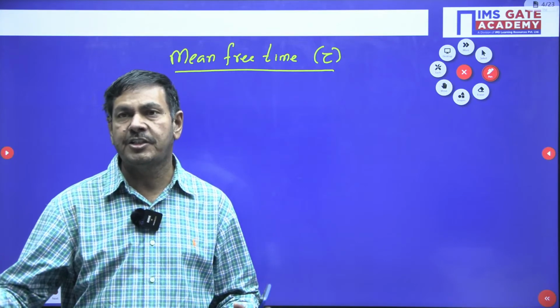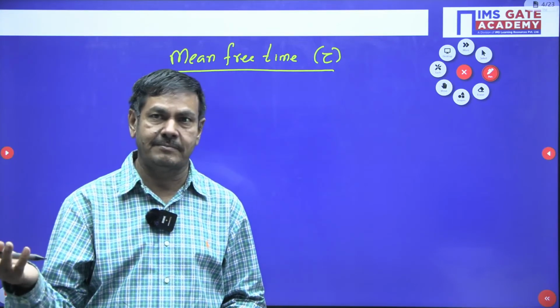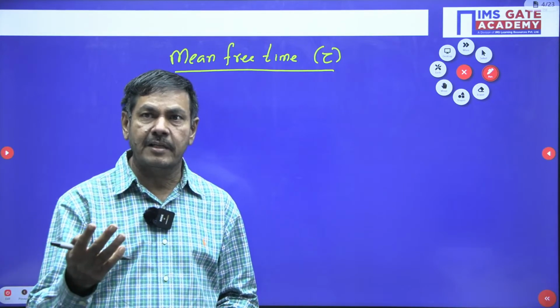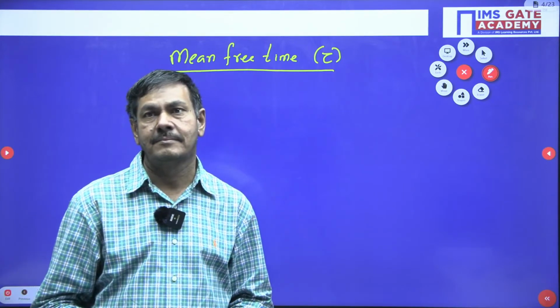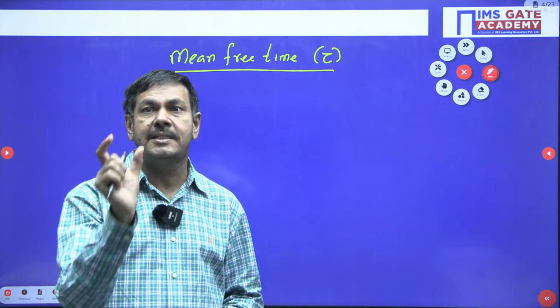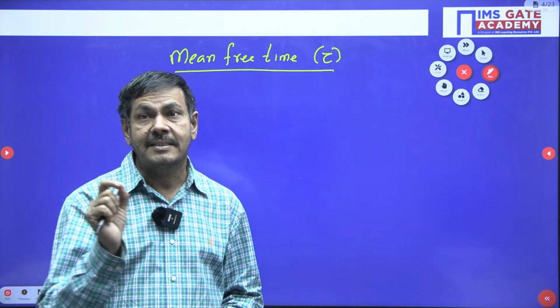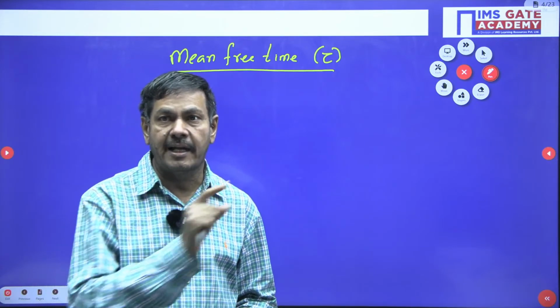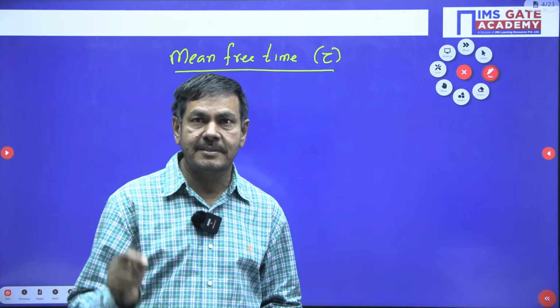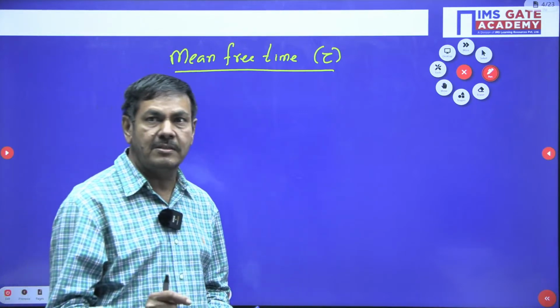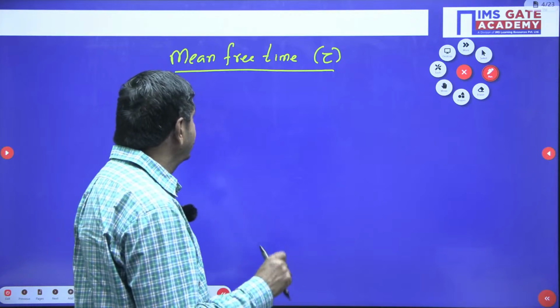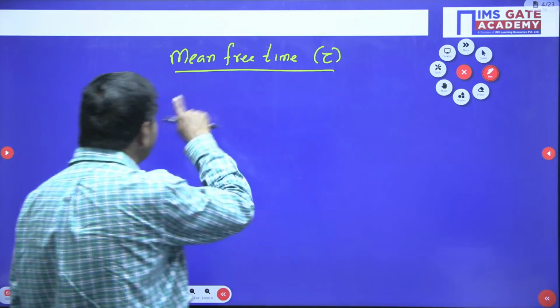That means between the two collisions some distance is covered. The distance we are calling the mean free path. To cover that distance it takes some time. The time is called the mean free time. The time taken for an electron to cover the mean free path is called the mean free time.